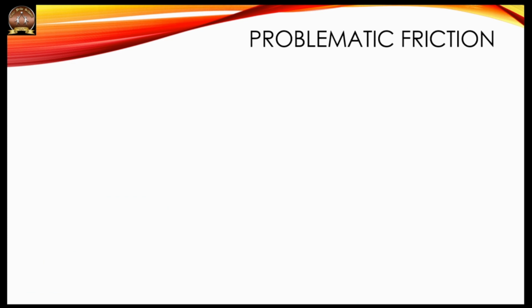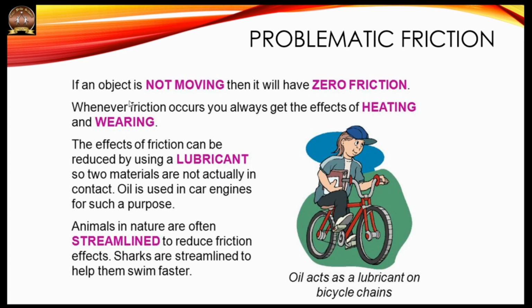Friction can also be problematic. If an object is not moving, then it will have zero friction because friction acts upon objects only when they are in motion. Whenever friction occurs, you always feel the effects of friction, which are namely heating and wearing.